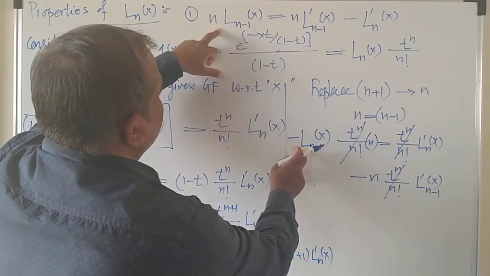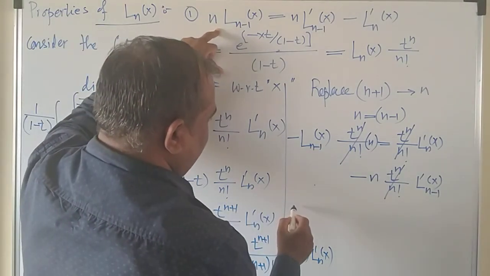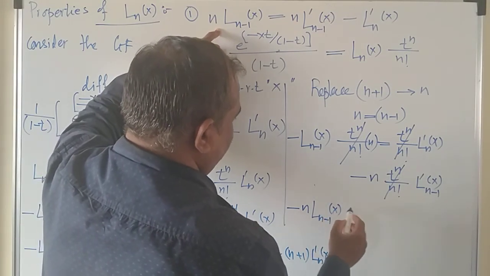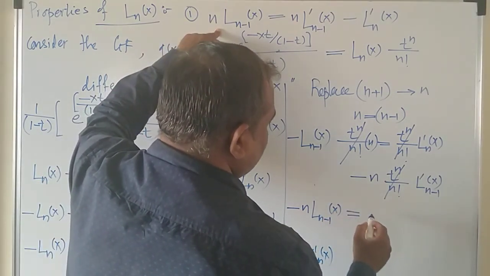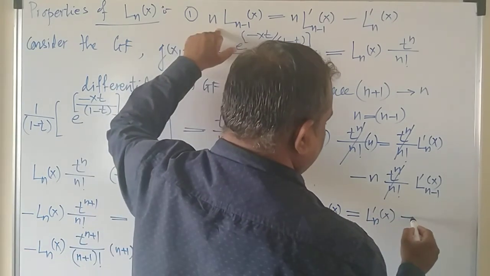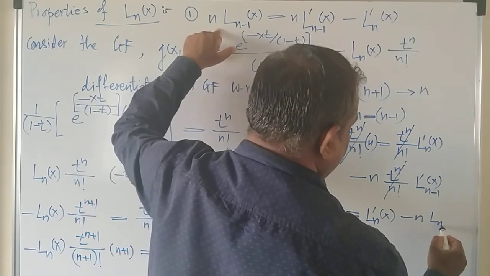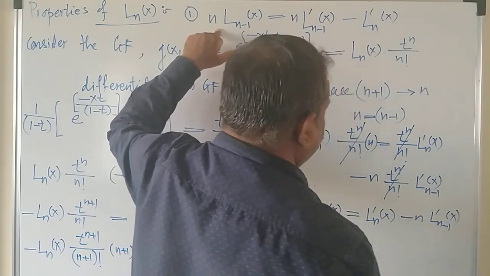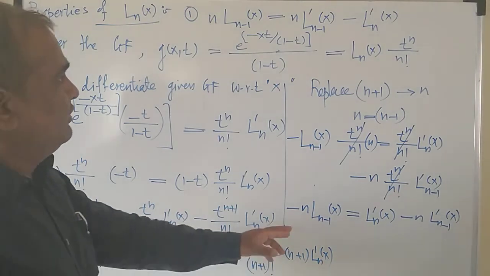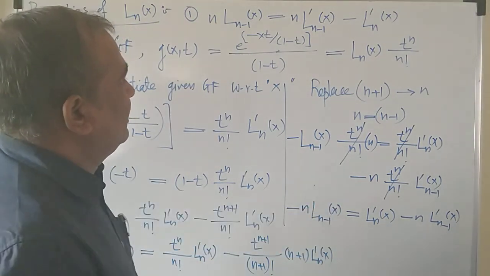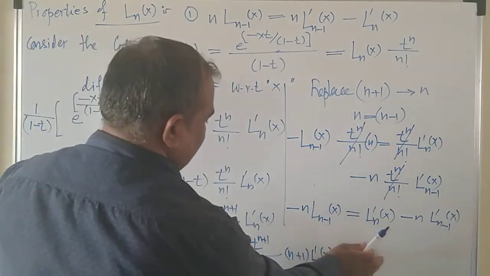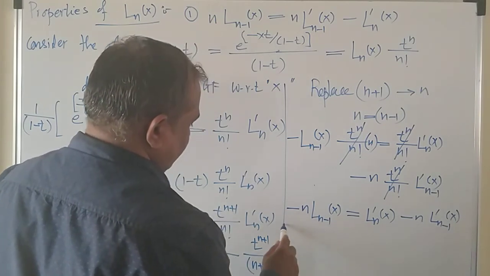So this one, minus n into L_{n-1}(x), is equal to L_n dash of x minus n into L_{n-1} dash of x. If I shift this negative sign to the other side, this will become positive and this will be negative, and you will get your respective polynomial.